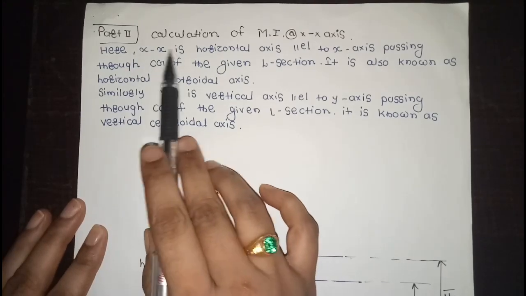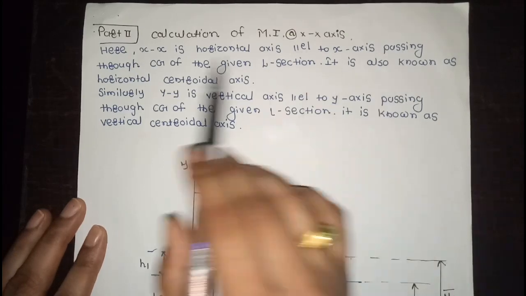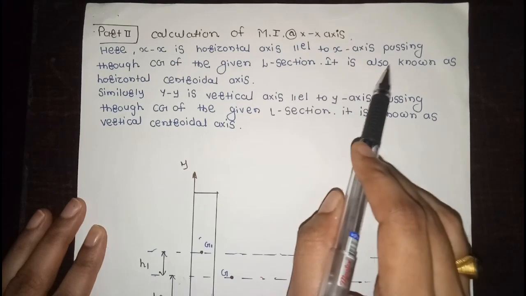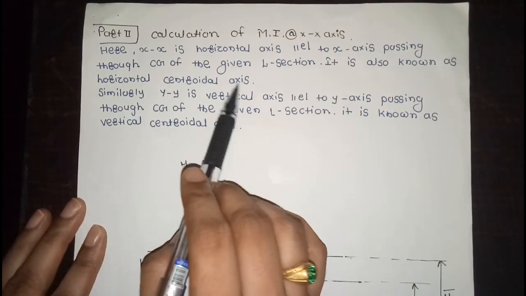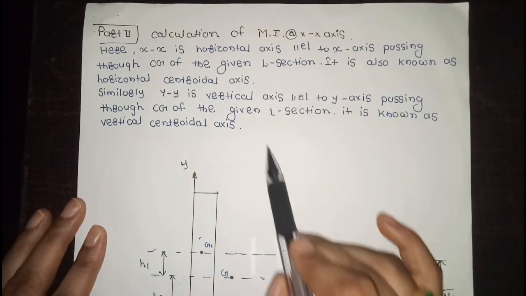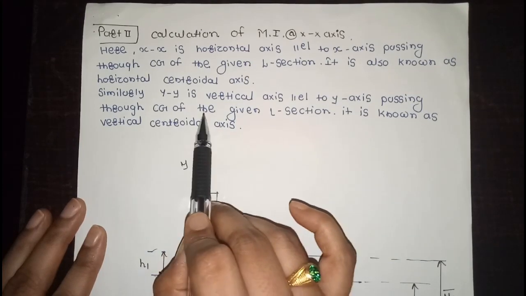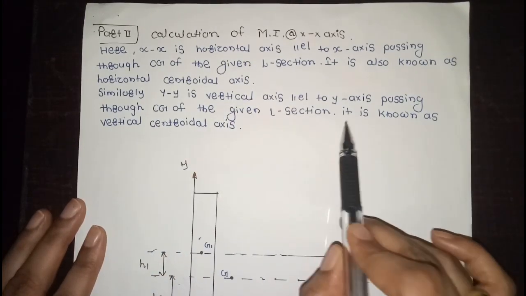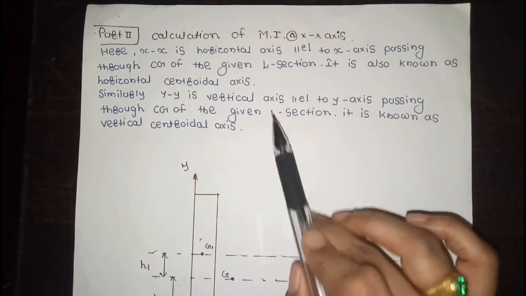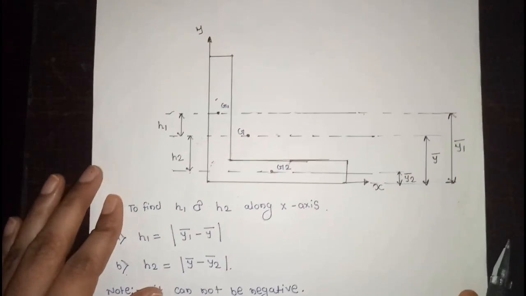Here x-axis is the horizontal axis parallel to x-axis passing through center of gravity of the given L section. It is also known as horizontal centroidal axis. Similarly, YY is the vertical axis parallel to y-axis passing through center of gravity of the given L section. It is known as vertical centroidal axis. This is the definition of vertical centroidal axis and horizontal centroidal axis.